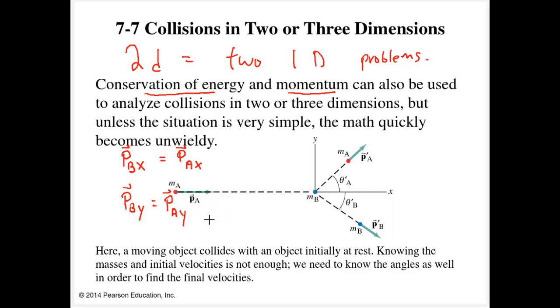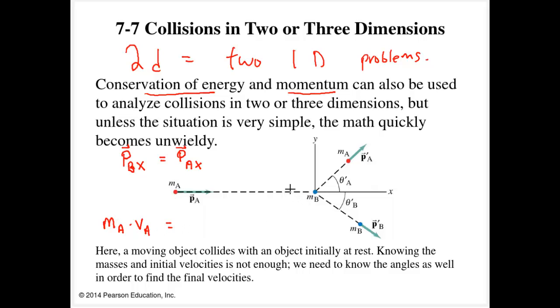In a case like this, let me simply take a look at the x direction only. I would say that the momentum beforehand is going to be the mass of A multiplied by the velocity of A, all in the x direction here. I have no y component.